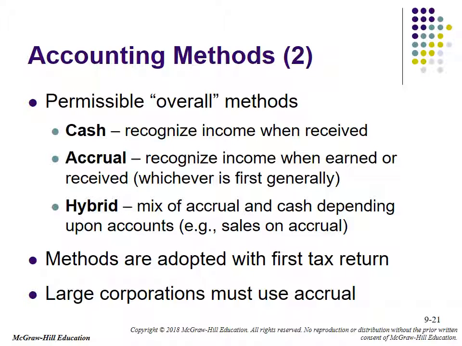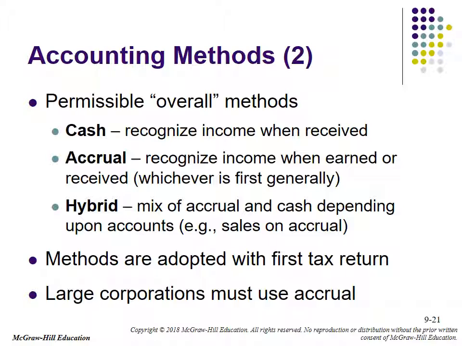So we've talked about the different accounting methods from the income recognition, but also we need to talk about them from the deduction side. So when it comes to cash method, we recognize income when we receive it, when the cash is involved. You can also choose to be an accrual taxpayer. You recognize income when earned or received.